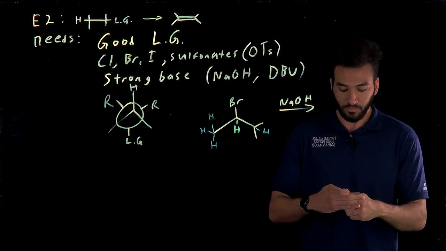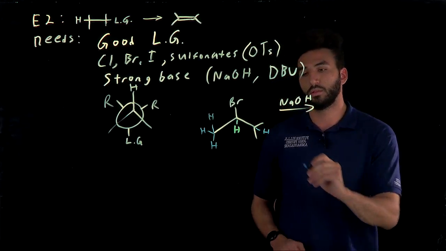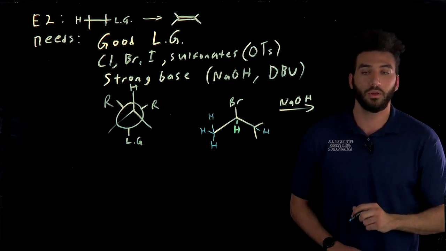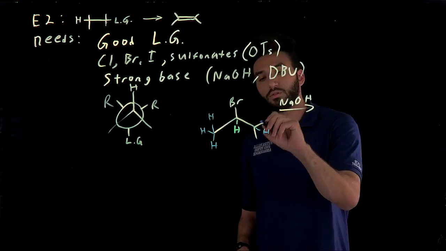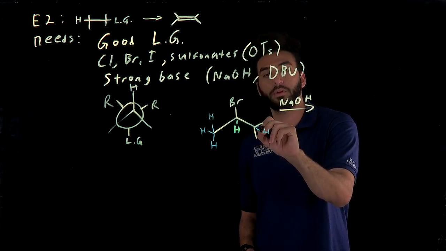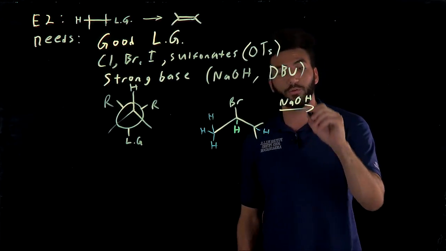Okay? So dominantly, we're going to pull off this hydrogen. Why this hydrogen? Because this is in a more substituted position. We have 1, 2, 3 R groups on this carbon, making this carbon more substituted. Therefore, that hydrogen will be pulled more frequently.